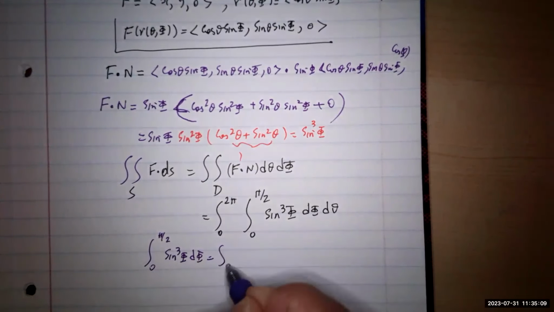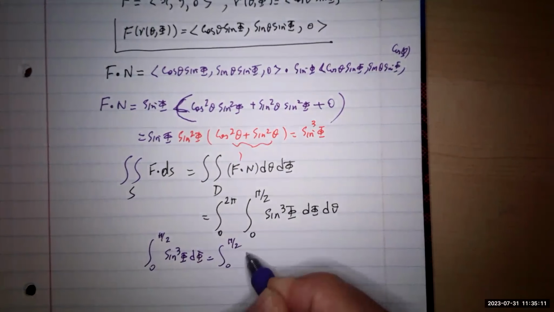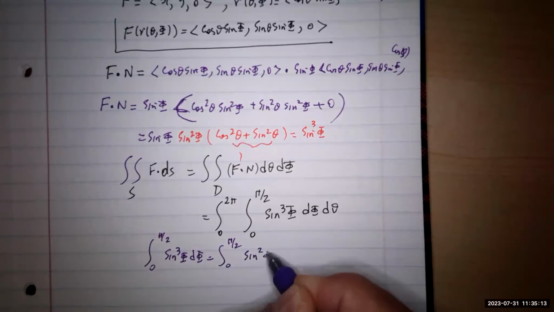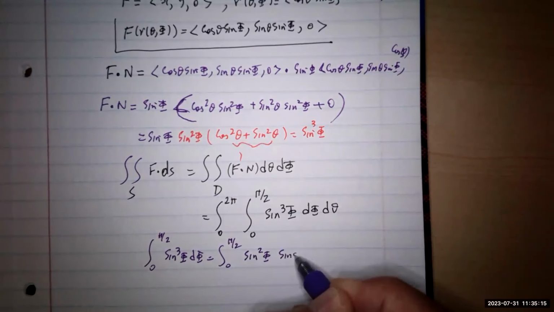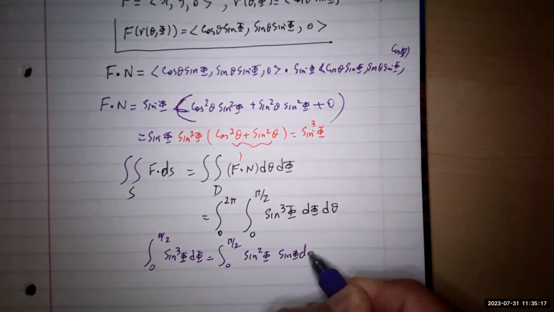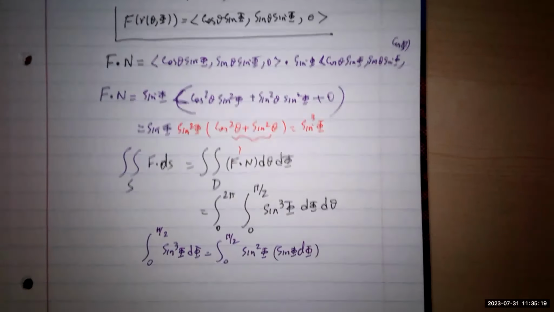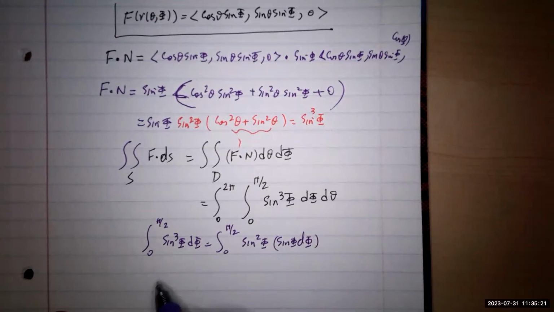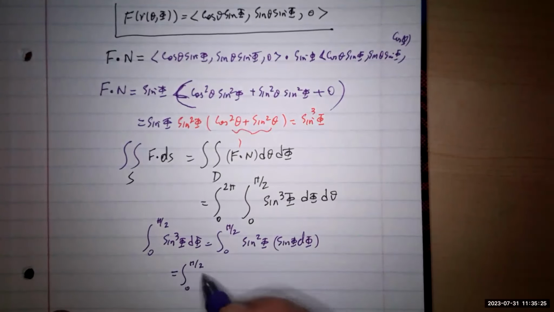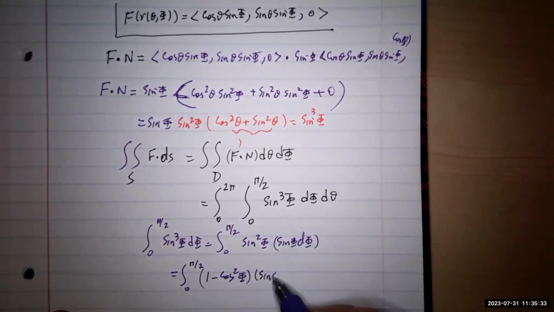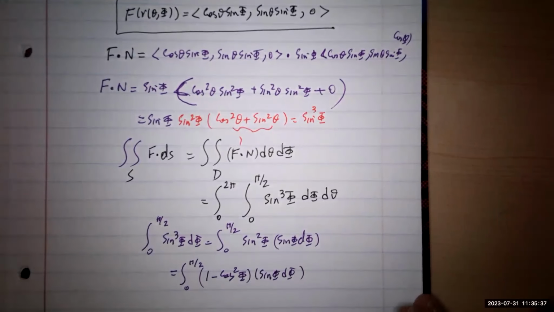So I rewrite it as the integral from 0 to pi half of sine square phi times sine phi d phi. You keep this one for the u prime and change the sine square into 1 minus cosine square. So it's going to be 1 minus cosine square of phi, times sine of phi, d phi. Now we are ready to integrate.